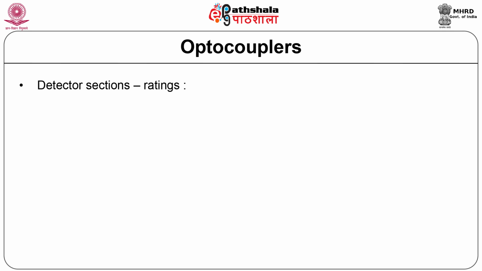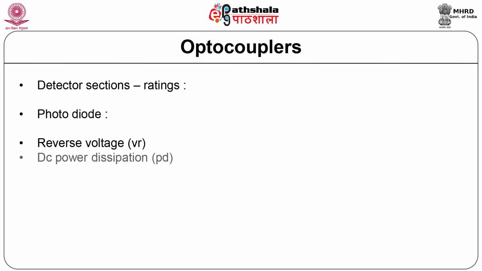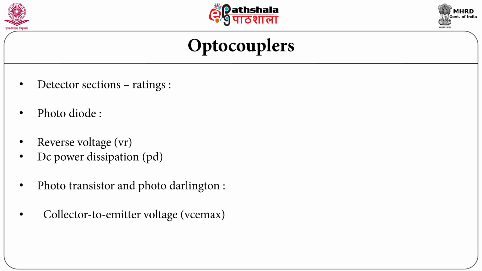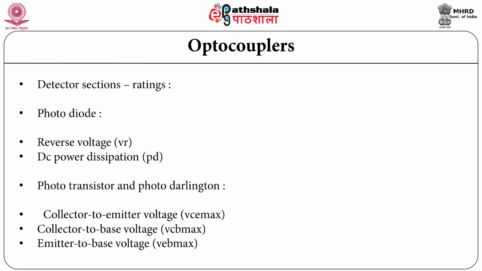Detector sections. If the detector is a photodiode, then the ratings related to reverse voltage and DC power dissipation are given in the data sheet. If the detector section is a phototransistor or photodarlington, then the ratings related to collector to emitter voltage, collector to base voltage, emitter to base voltage, and DC power dissipation are important.